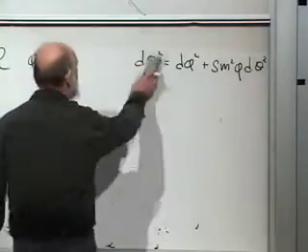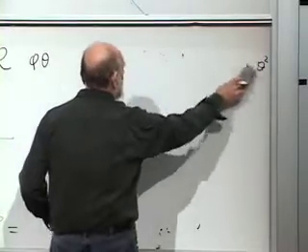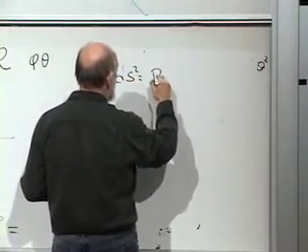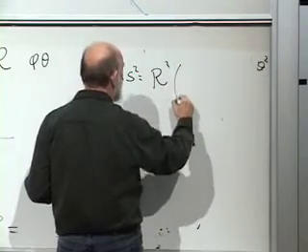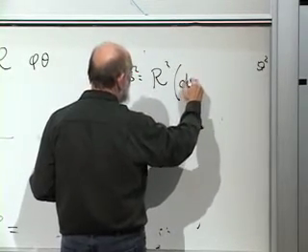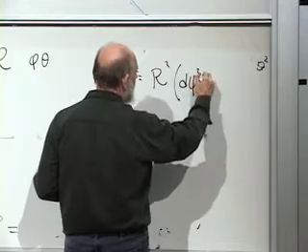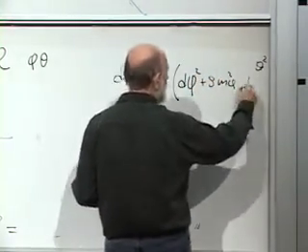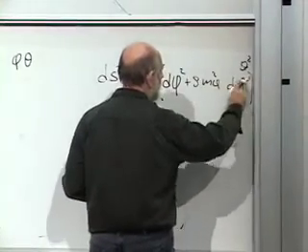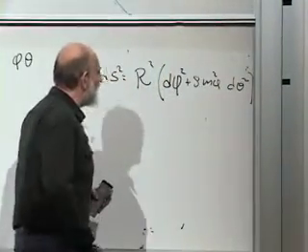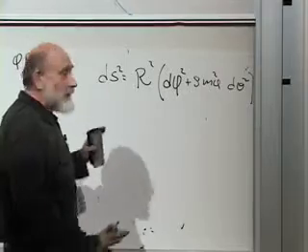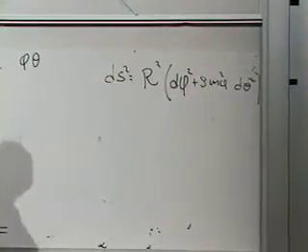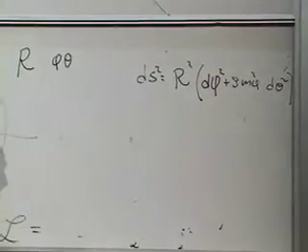So it just becomes r squared times d phi squared plus sine of phi squared d theta squared. Did I get it wrong again? Not yet. You're right. This is the metric on the sphere itself.